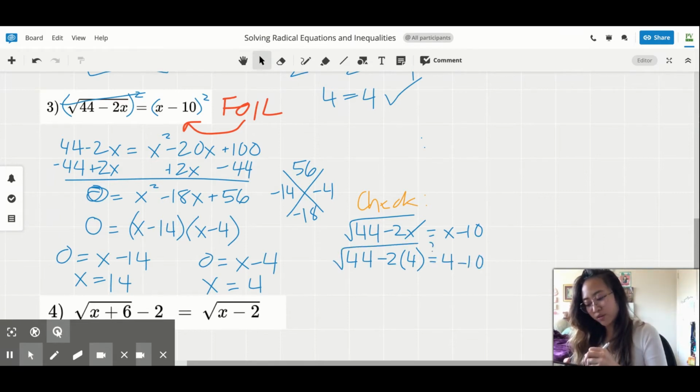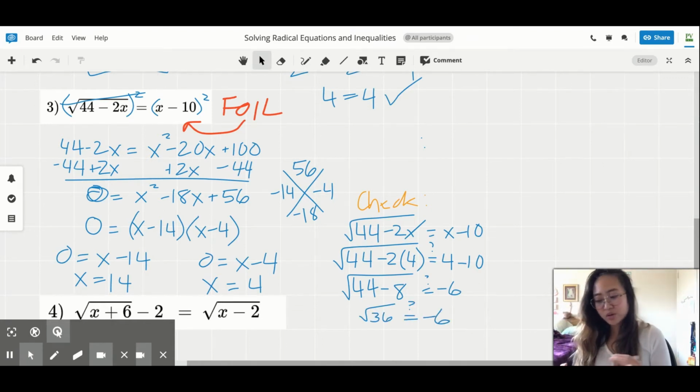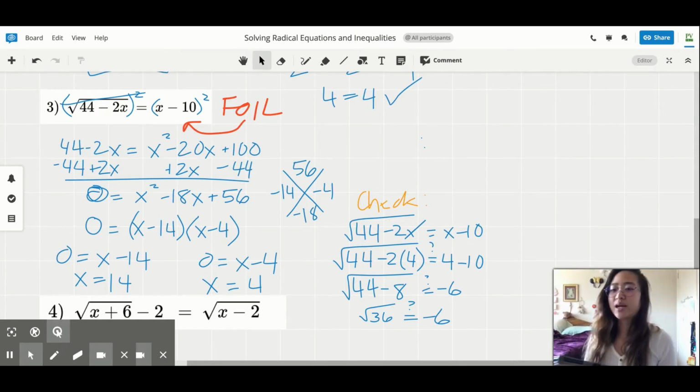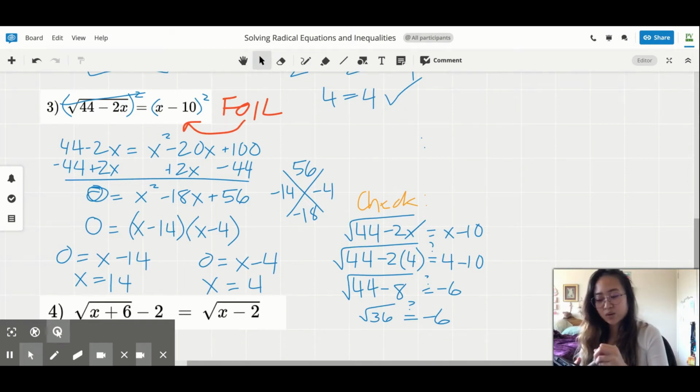So we have 44 minus 8 equals negative 6. Square root of 36, does that equal negative 6? Well, we know that it can't be true. We can't take the square root of a positive number and get a negative number. So we can cross off x equals 4 as one of our solutions.